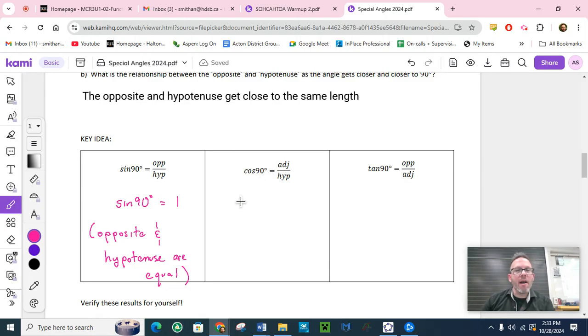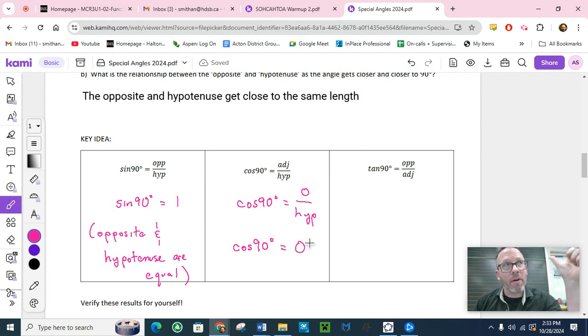The cosine of 90, well, in this case, the adjacent side gets close to 0. It doesn't matter how long the hypotenuse is. 0 divided by anything is equal to 0. Cosine 90 is equal to 0. But it's not an exact carbon copy of what happened before.